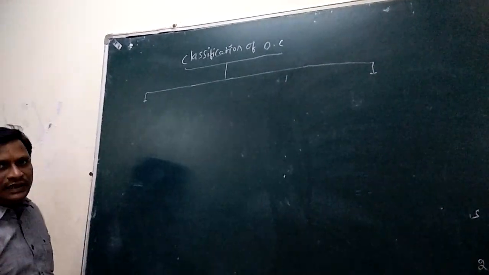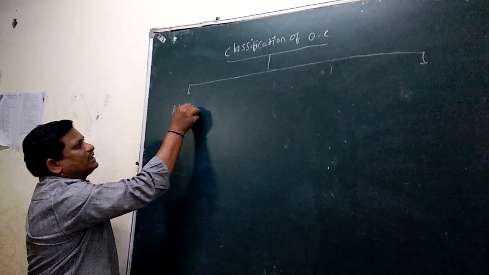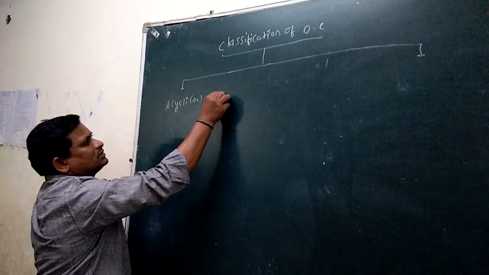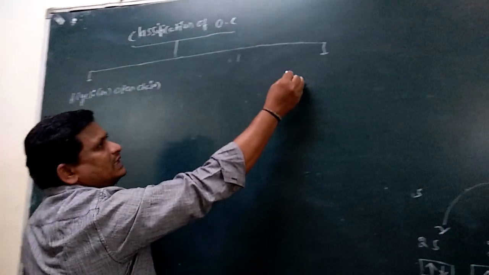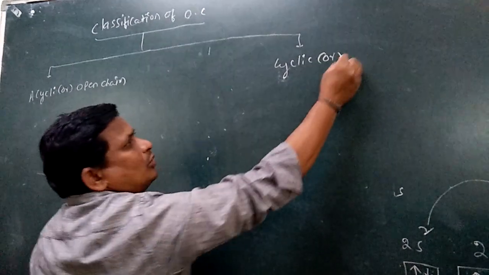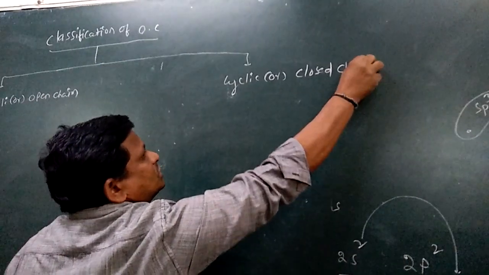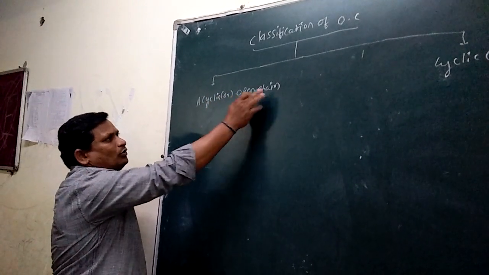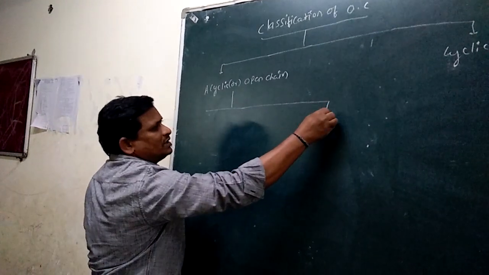One is acyclic or open chain compounds. Second one is cyclic or closed chain compounds.